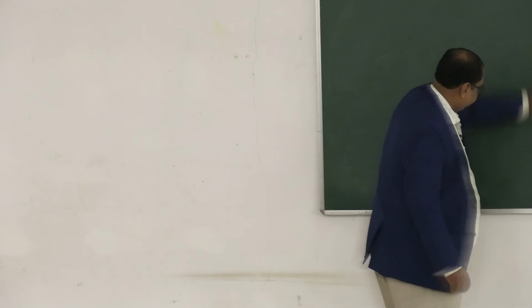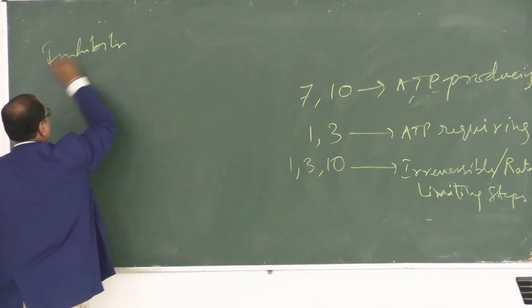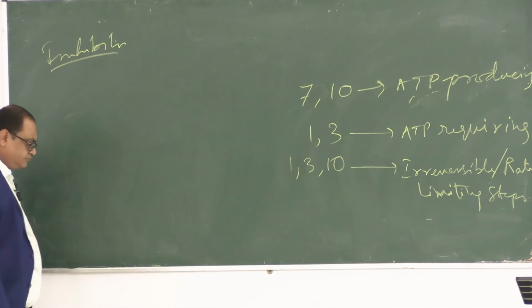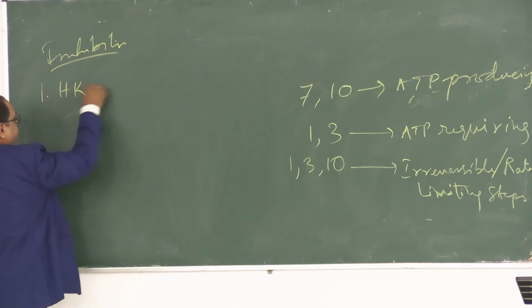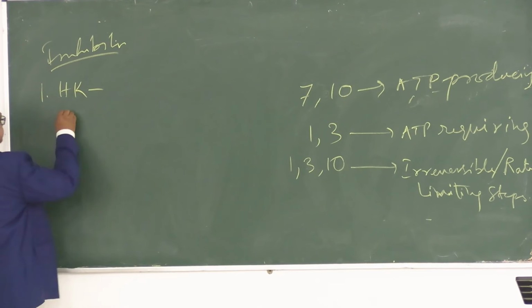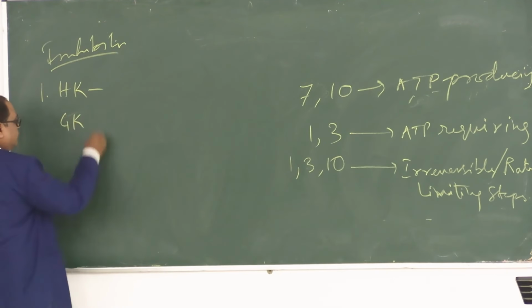Now we come to inhibitors. Step 1, hexokinase, glucokinase.